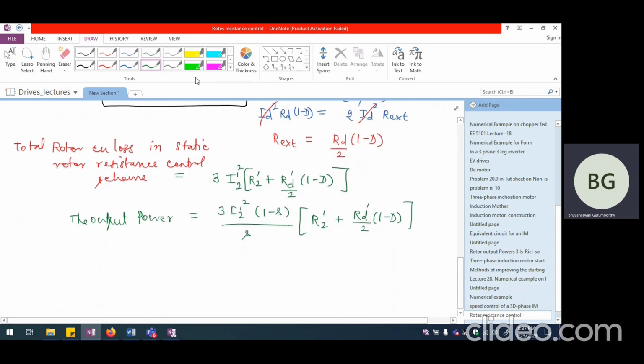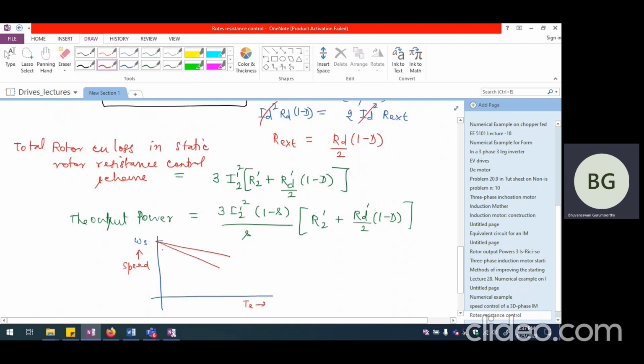So when I look at the overall characteristics of the induction motor, let us say originally this has been the synchronous speed, and what we are showing here is the speed, and this axis is representing the torque. And I'm going to draw only the portion where the torque is proportional to slip. So this is the natural characteristics of the induction motor.